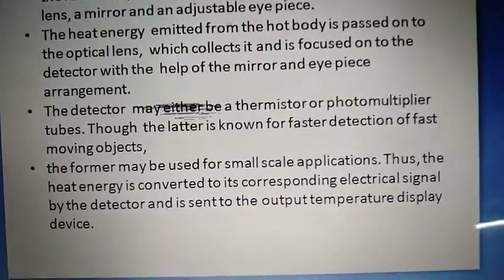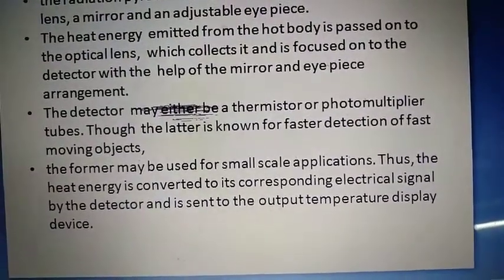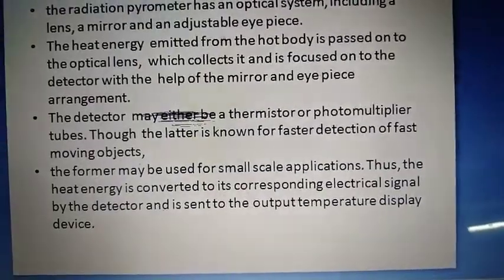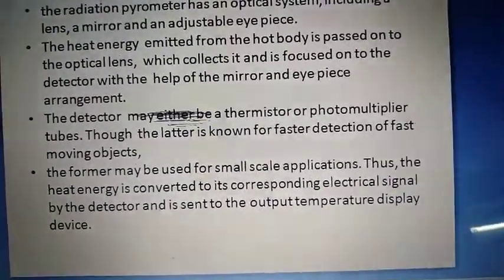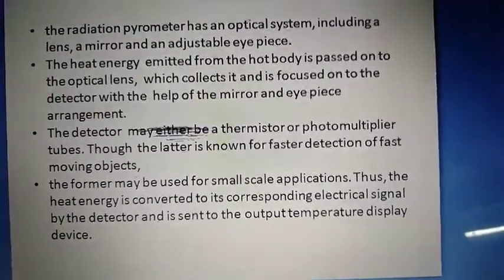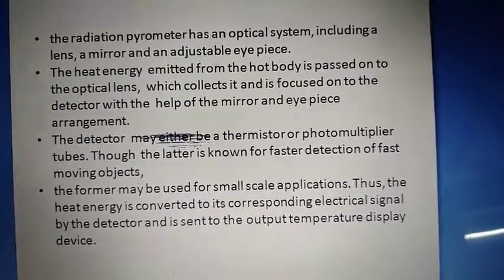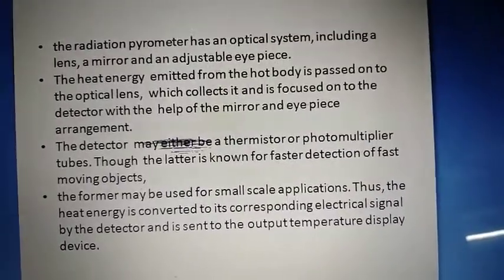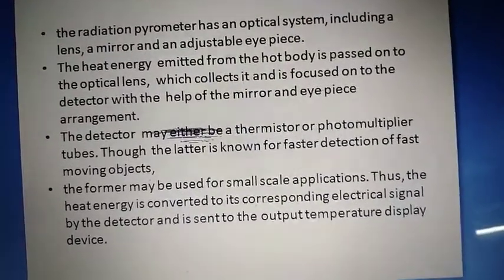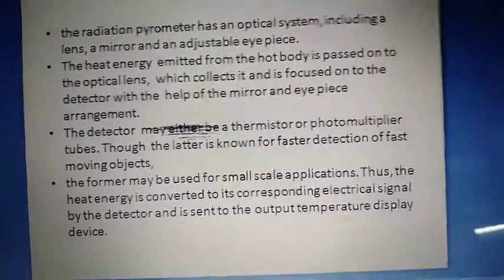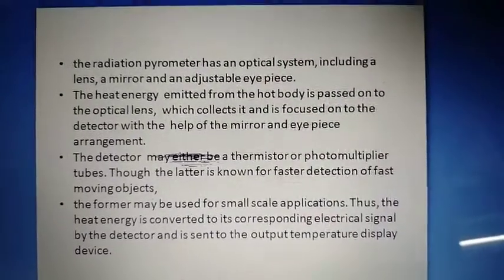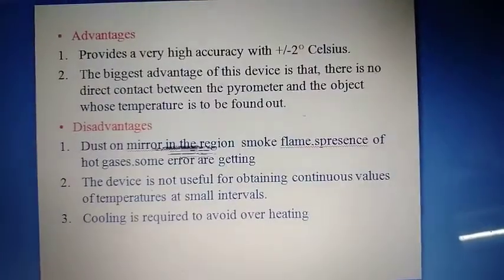The detector converts the heat energy into a corresponding electrical signal, which is sent to the output temperature display device. So the radiation pyrometer is a focal length system, and normally thermocouples, thermistors or photomultipliers are used as detectors.